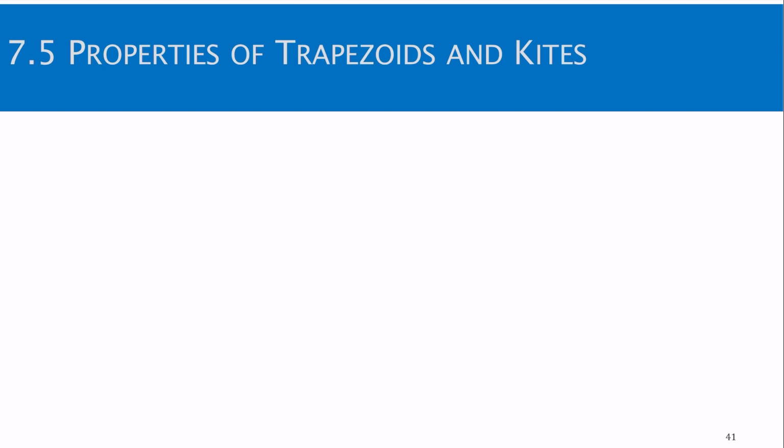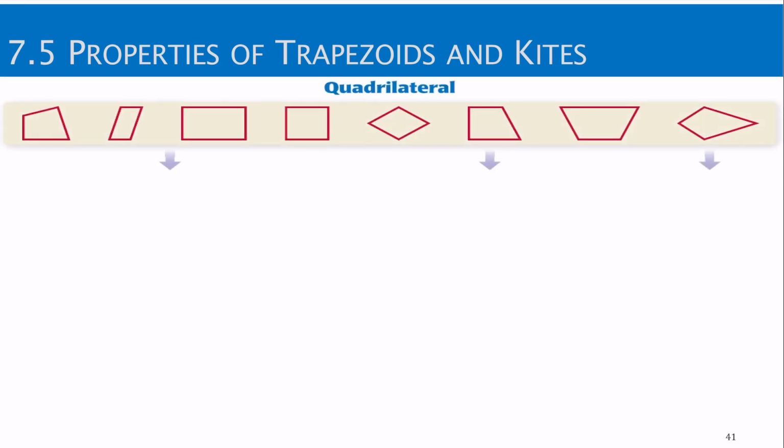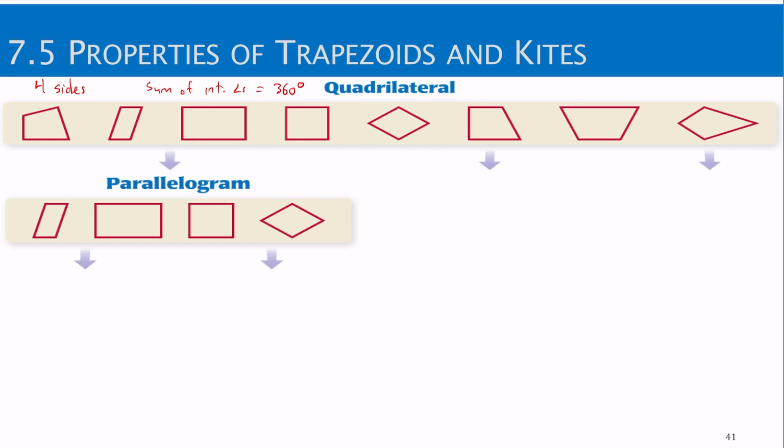Let's have a chart to summarize everything we know about quadrilaterals. We have generic quadrilaterals. What are quadrilaterals? They have four sides, and the sum of interior angles is 360. Some quadrilaterals are parallelograms. What do you know about parallelograms? Well, the definition: opposite sides are parallel.